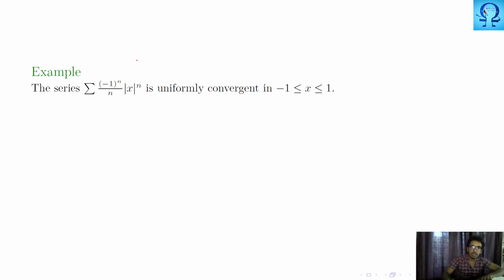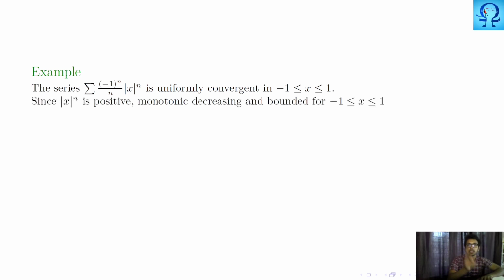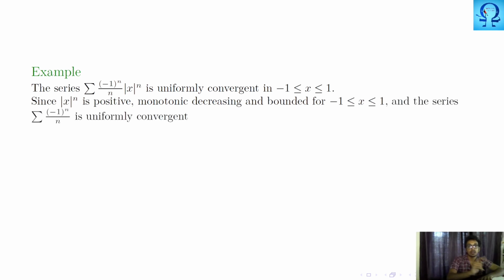Okay, here if you notice, this quantity converges. Am I right? Because it is positive, monotone decreasing, bounded, everything is there. And the remaining part, that is minus 1 to the power n upon n, converges.